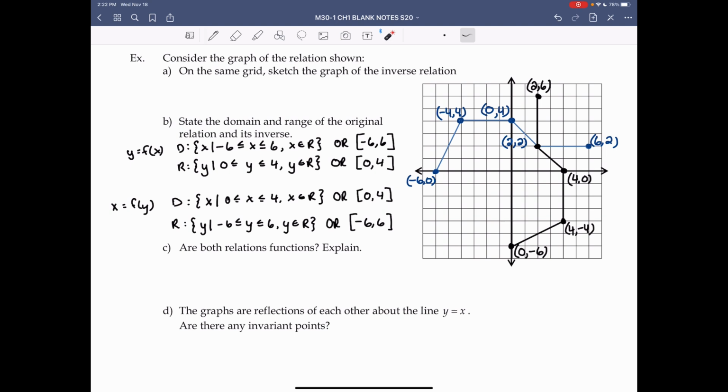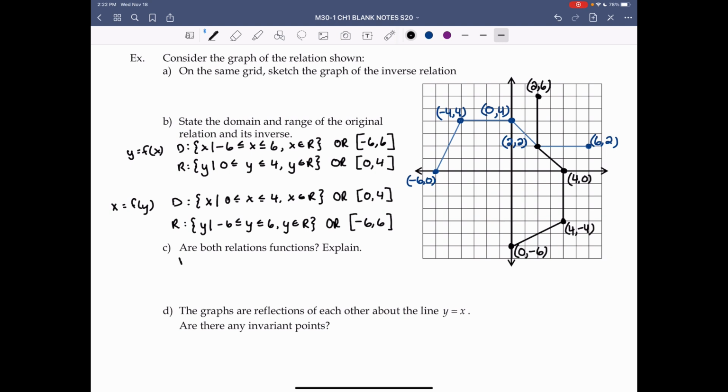But if we take a vertical line and put it on the inverse relation, we touch more than one spot here, here. So if there's any point where you touch more than one spot at a time with a vertical line, then it's not a function.